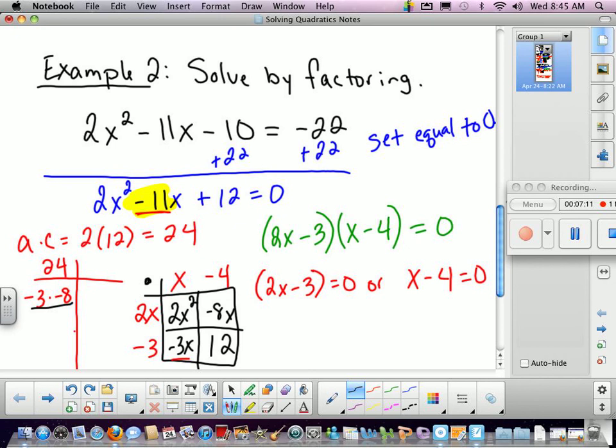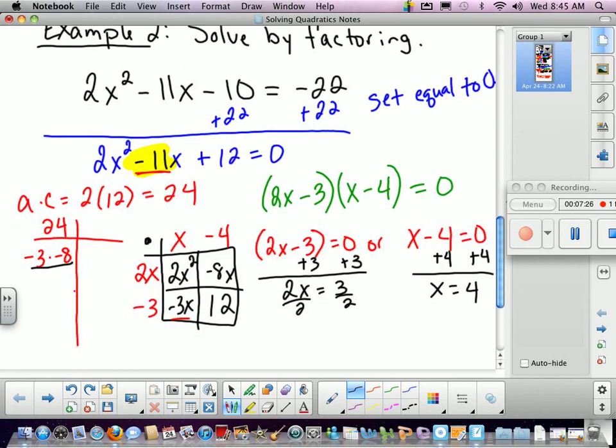The one on the right, add 4, x is equal to 4. This one, we add 3, so 2x is equal to 3. Then divide by 2, and we end up with x is equal to 3 halves, or x is equal to 4.